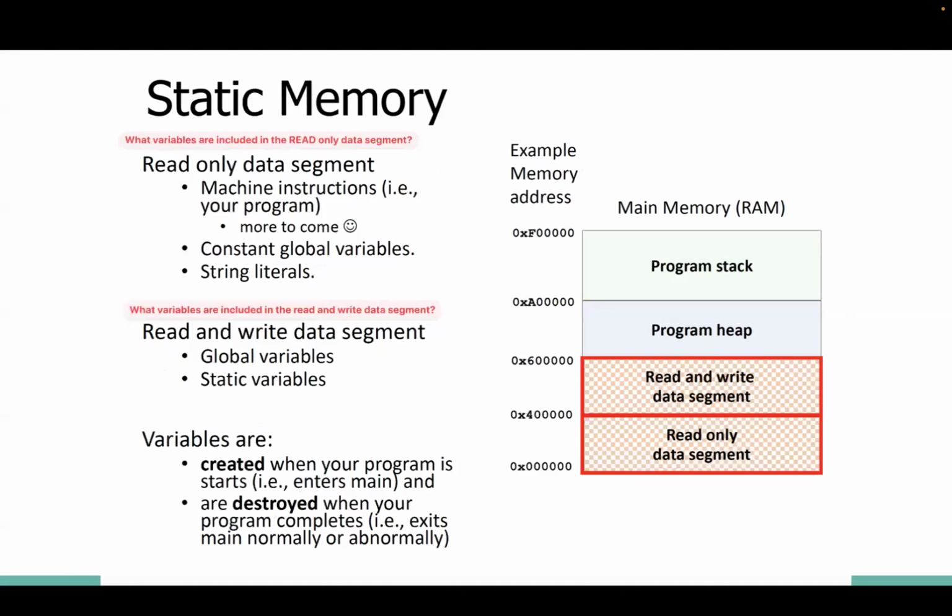You also need to understand which variables are included in the read-only data segment and the read and write data segment. For the read-only data segment, the constant global variables are in here, and there are some string literals in here. For the read and write data segment, the global variables are in this part and the static variables are in this part as well.